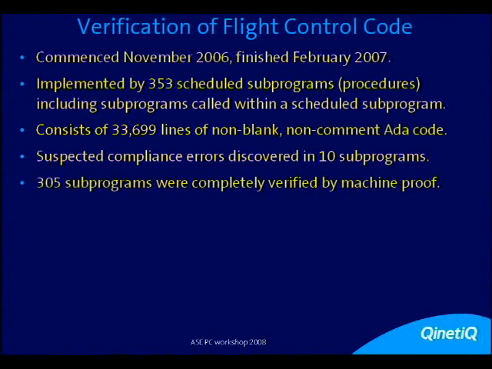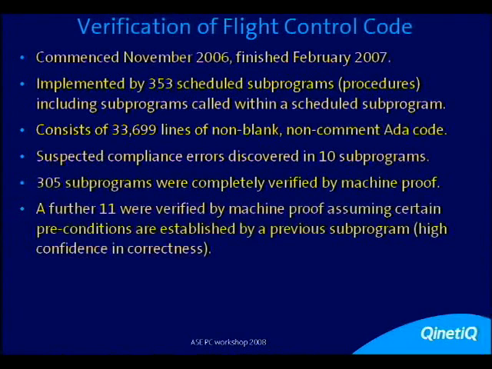305 of those subprograms or procedures were completely verified by machine proof. Okay, so there was no human judgment. It was sentenced completely formally by a machine. A further 11 did require some human assistance because, again, we're talking about manually developed code with human variability.